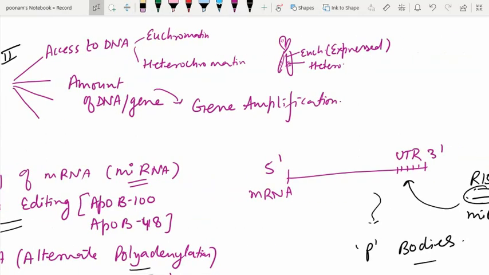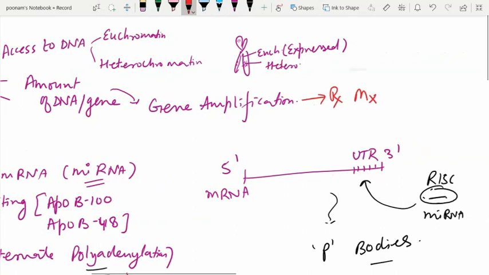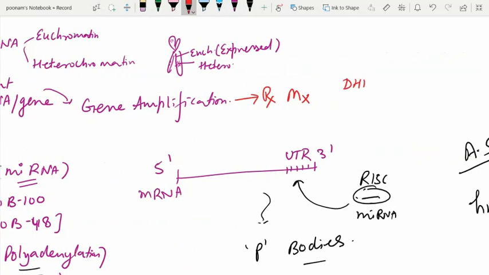The example I can give you is the treatment by methotrexate, which is a dihydrofolate reductase inhibitor. So when methotrexate is given for a long duration, this enzyme gene is getting amplified, which results in resistance to methotrexate.